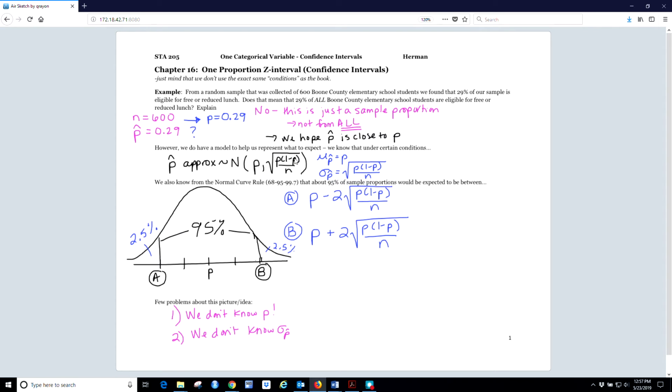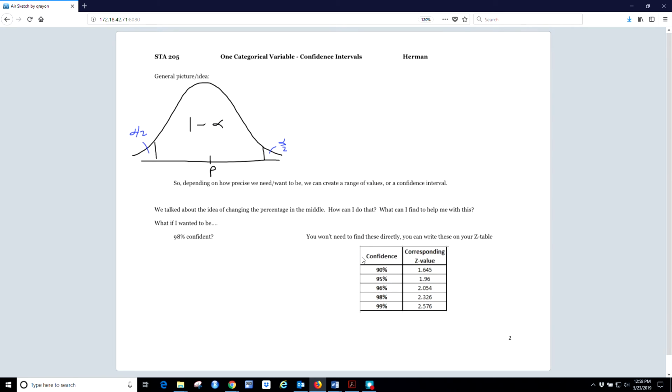So let's think about this interval that we have back here. Well, if I don't know what P is, I could plug in P hat for it, but again, we don't know that's actually the center of that value. But let's think about what it would mean if I created this interval using P hat in place of P. What would that mean?